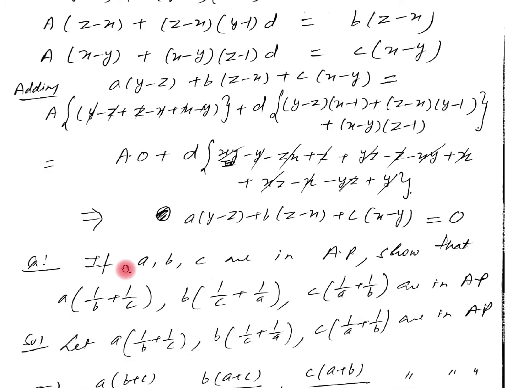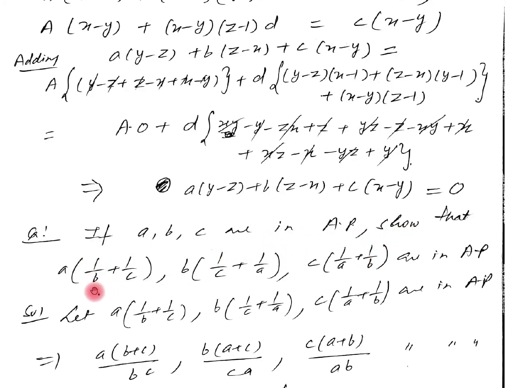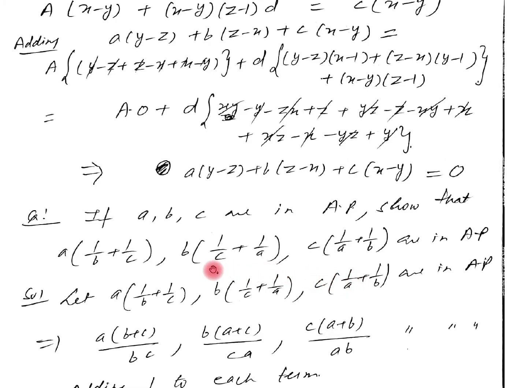Now let us see another question. If a, b, c are in AP, then show that a into 1 upon b plus 1 upon c, b into 1 upon c plus 1 upon a, and c into 1 upon a plus 1 upon b are in AP. Now this is a somewhat different question. In this type of question, we always assume what we have to prove.